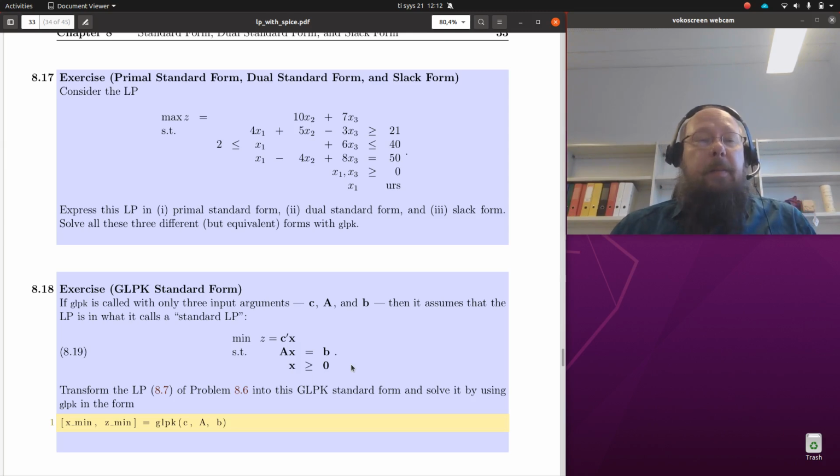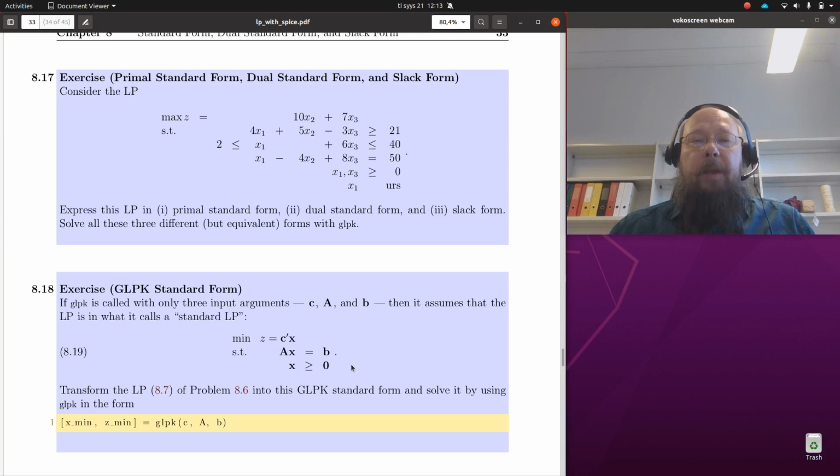So apparently those who developed GLPK or at least incorporated it to Octave thought that this would be a nice standard form. Okay, I don't completely agree with them, but actually I see where this is coming from, so it is in some sense natural. Nevertheless, it is what it is.